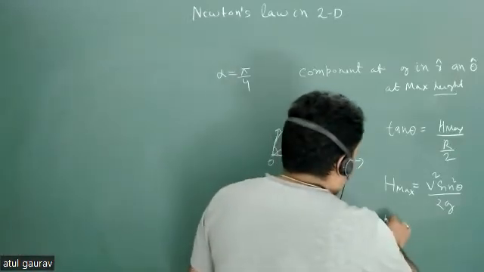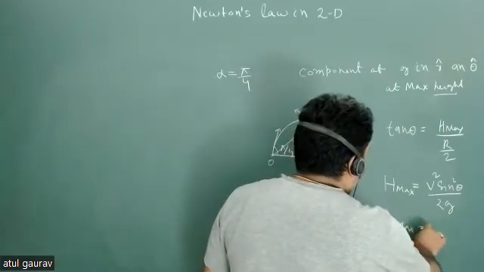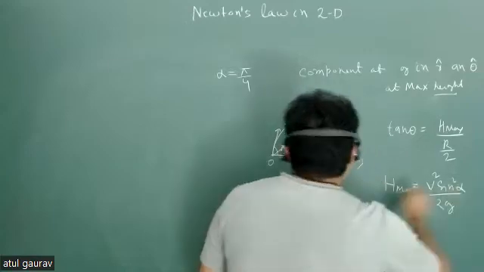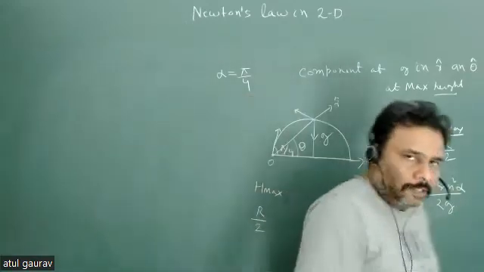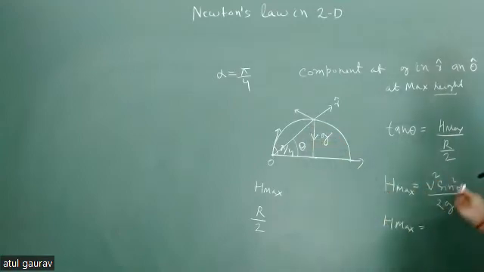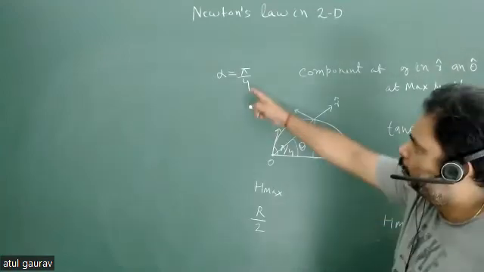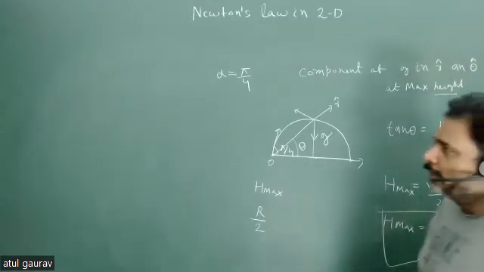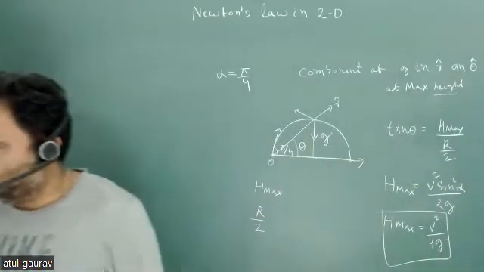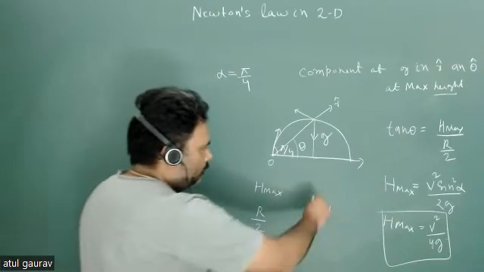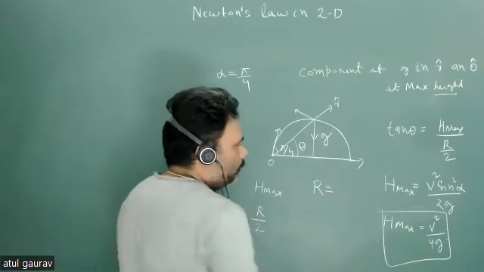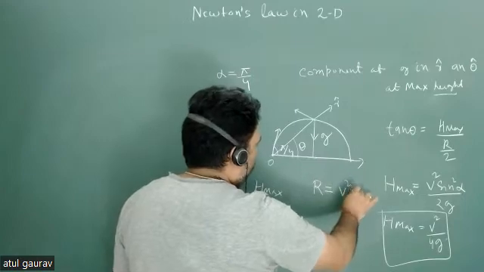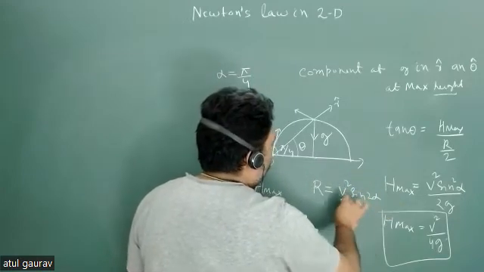So what will be h maximum? This is not theta, this is alpha, because alpha is the angle of projection when you give the velocity v. Here alpha is pi by 4, so h maximum is v square by 4g. Now what is the range r? Range is v square sin 2 alpha by g.